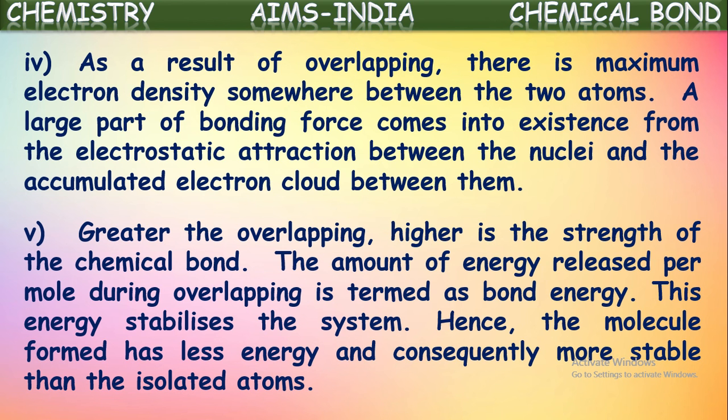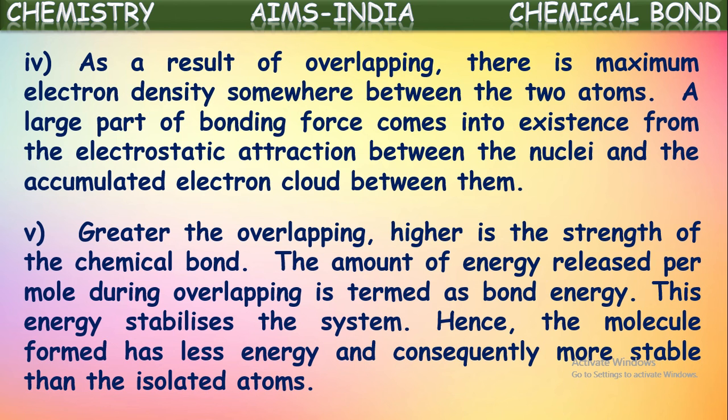When the system loses energy, the system becomes more stable. Stability and energy are quite like enemies. If energy is lost, that system becomes more stable. If energy is more, that system will be unstable. So by the formation of covalent bonds, atoms lose energy, so the molecules formed will be more stable.